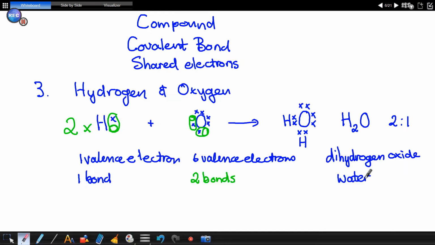So you need two hydrogens to join up to the oxygen. You are confident with H2O because they taught you this right from primary school. But now we need to be able to do more, and we don't want to learn all of them off by heart because there are too many of them. So we need an understanding of why the formulas of compounds are the way they are.